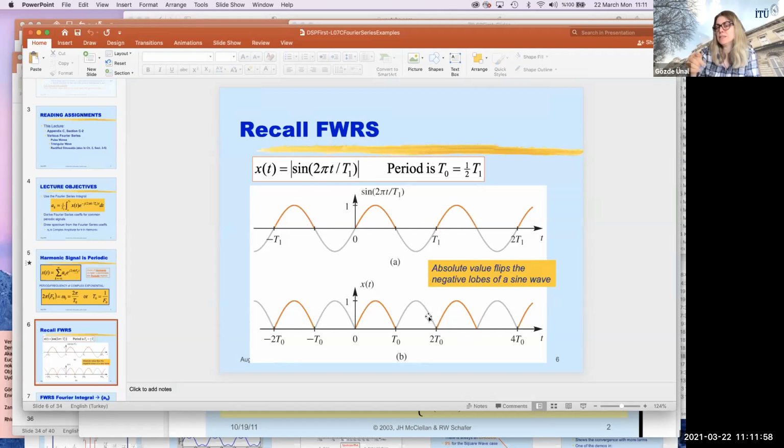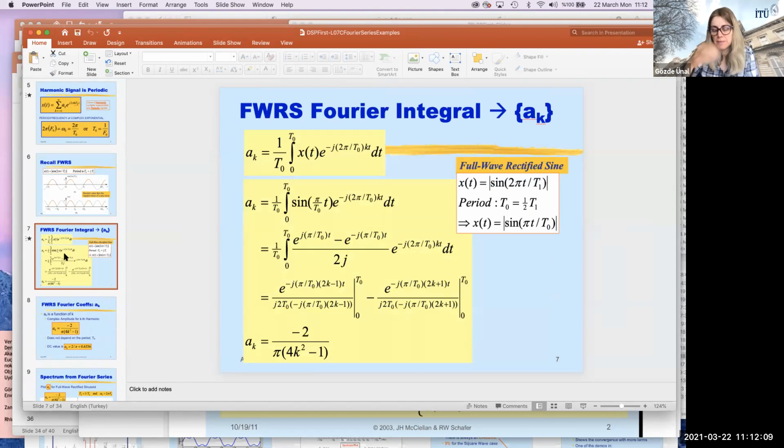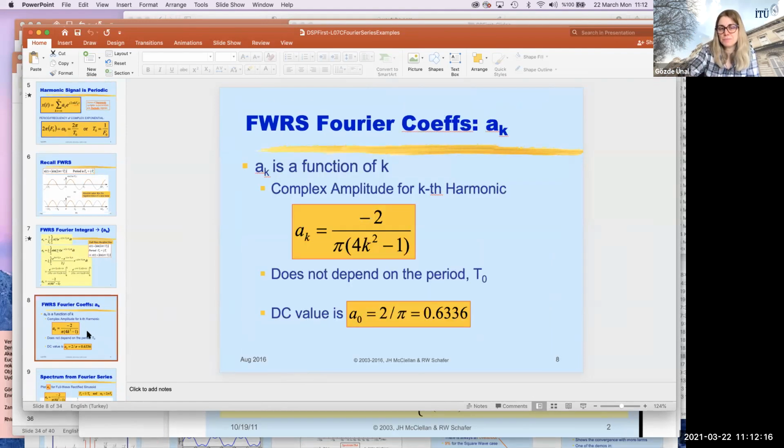Halfway rectified means just kill the negative parts, right? So it's really this signal that you are working on. You can do the math and come up with a case like this. Again, you see 1 over k square type decay.